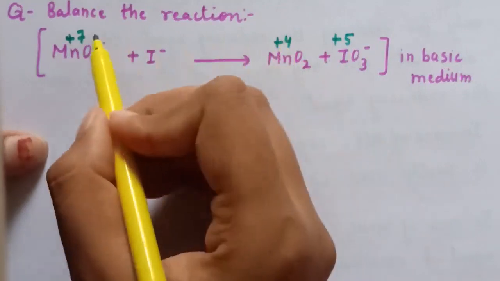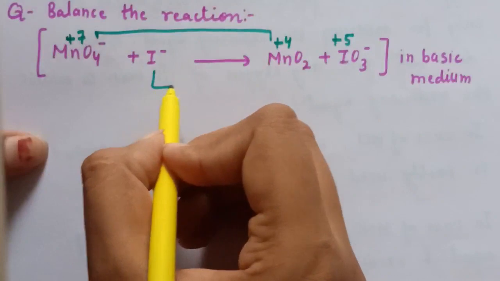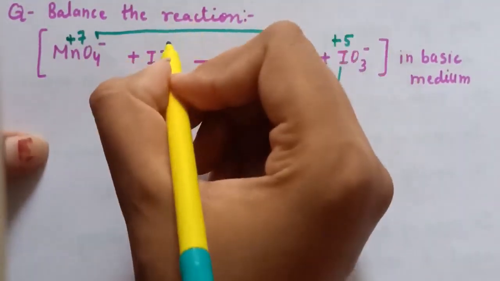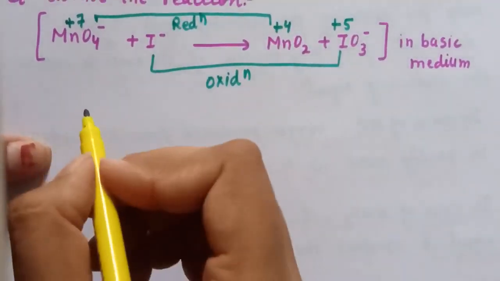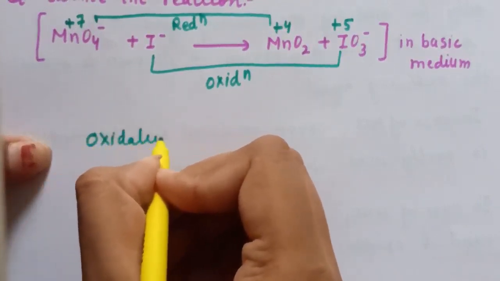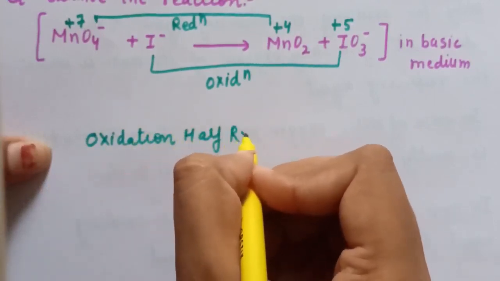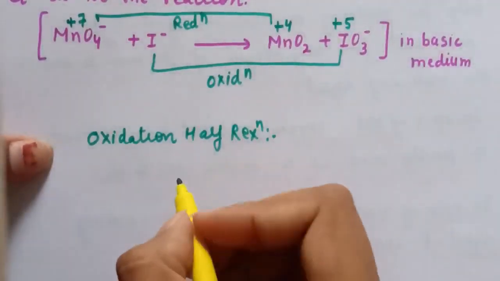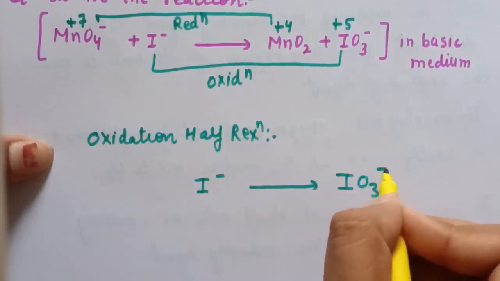So +7 to +4 is reduction and -1 to +5 is oxidation. First of all we will write the oxidation and reduction half reactions separately. The oxidation half reaction is I negative to IO3 negative.